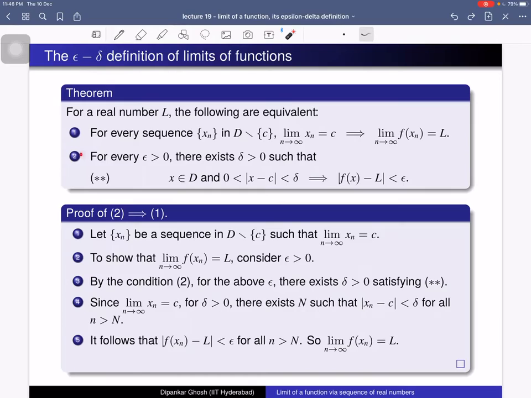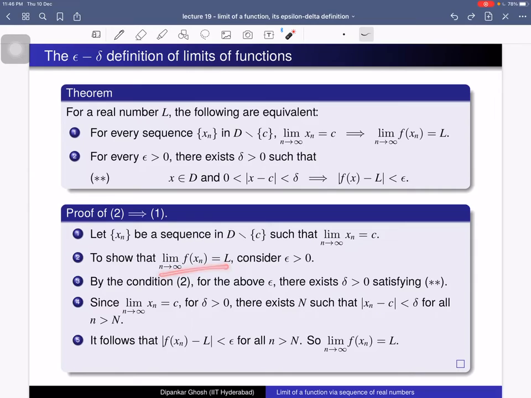To prove condition 1, you just consider a sequence in this set such that its limit is C, and next we want to show that the limit as n tends to infinity of f of xn is L.